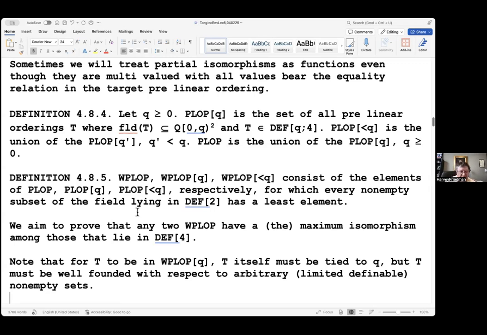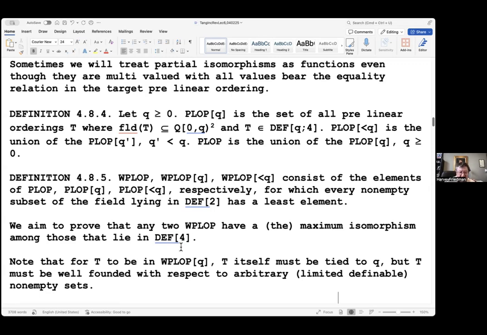And you remember def means definable with bounded quantifiers, but it could be way high up, much higher than Q. So we aim to prove that any two W plops have the maximum isomorphism among those that lie in def4. The partial isomorphisms that we're interested in are in def4. We want to show that there's a maximum one.